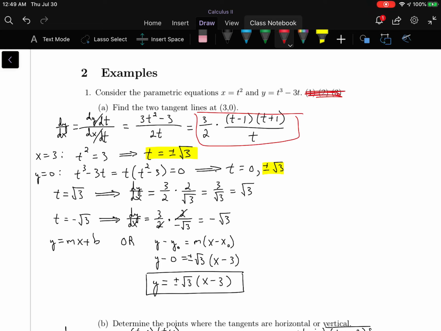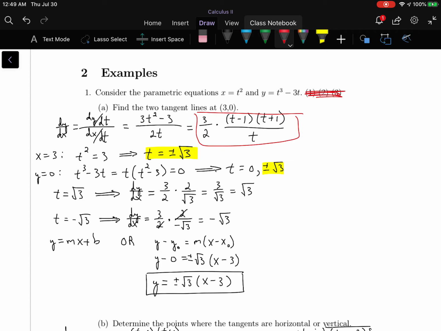And we want to know, okay, so when x is 3, we need to figure out what t values we're investigating. And so when x is 3, that means t squared is 3, which when you solve for t means t is plus or minus root 3.